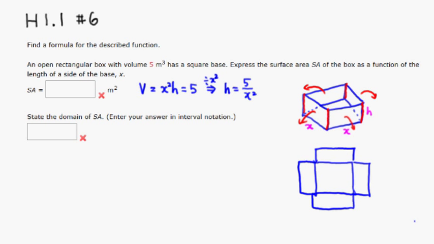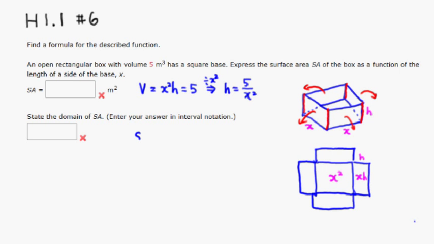We know this is going to be x by x, so this is x squared, and this is going to be h right here. All these guys have an area of x times h, so xh. If you want the surface area, they call it SA.